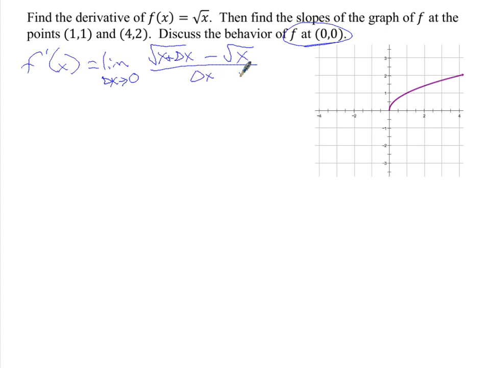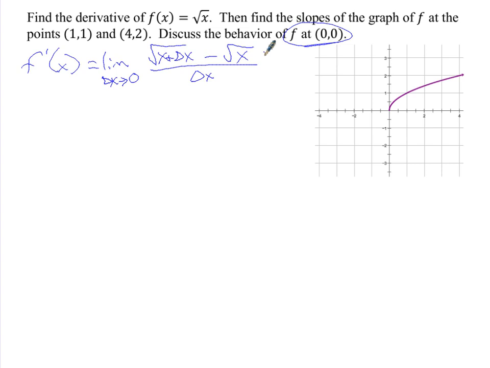So what are we going to have to do to simplify this? Rationalize, yeah. We have 3 techniques, right? Direct substitution, which we know won't work because of the division by 0 right there. If I plug in 0 up here, I have square root of x minus square root of x, which is 0. 0 over 0 means I can divide something out. So I need to either use the dividing out technique itself or the rationalizing technique, and with these square roots up top, it's going to be the rationalizing technique.